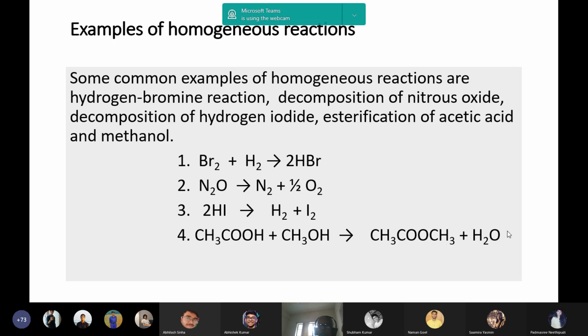All esterification reactions are homogeneous type, and some sulfuric acid is added, although as a catalyst, so it is a catalytic homogeneous reaction. It is acetic acid plus methanol giving methyl acetate.